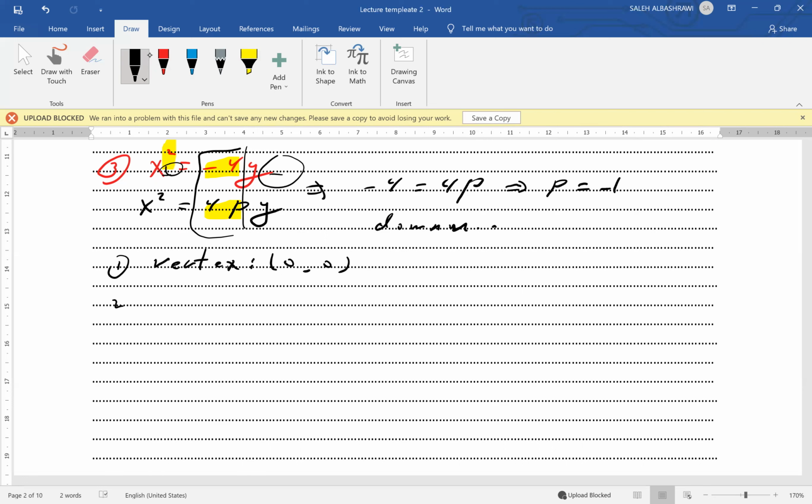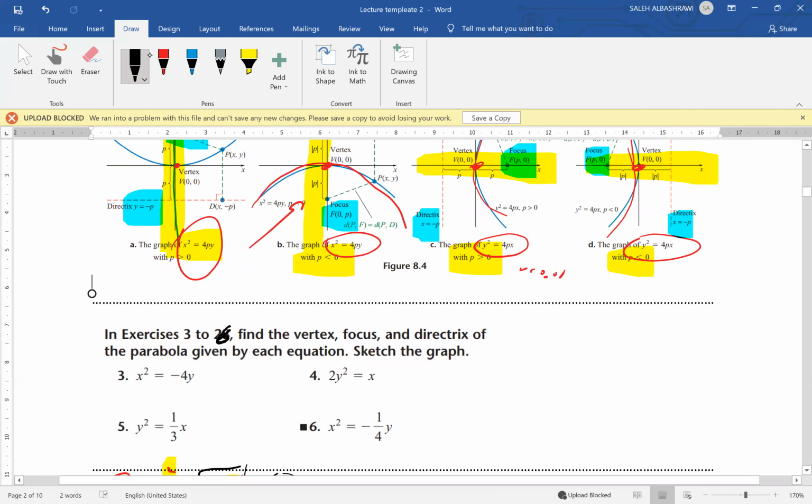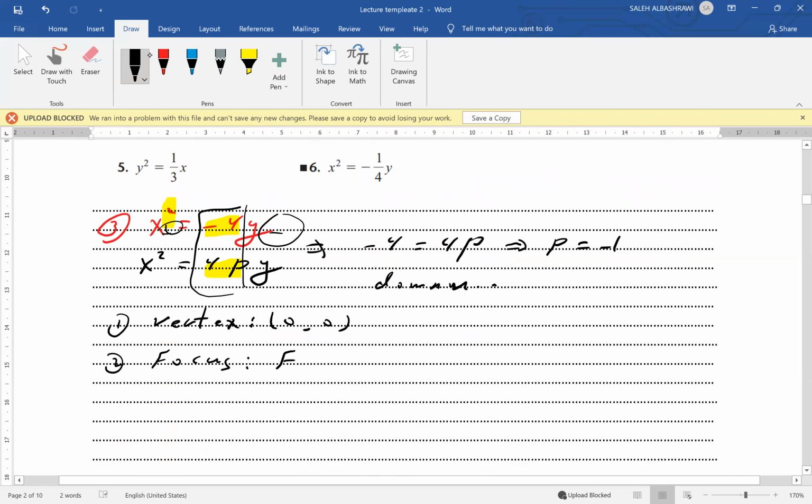Number 2, focus point F. Since it is down, if we go back to see, the focus is given by this one, 0 and b. For the vertical, either upward or downward, the focus is 0 and b, which is equal to 0 and minus 1. The focus point is 0 and minus 1.